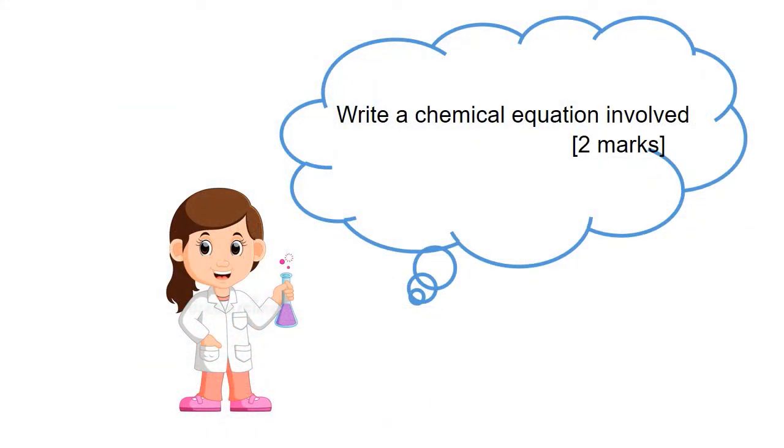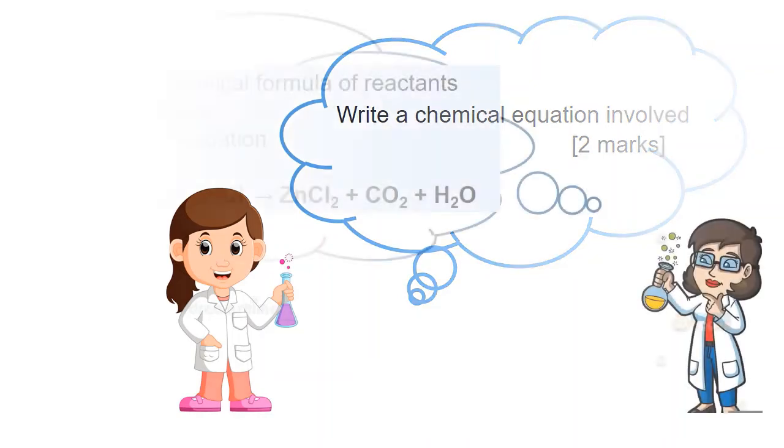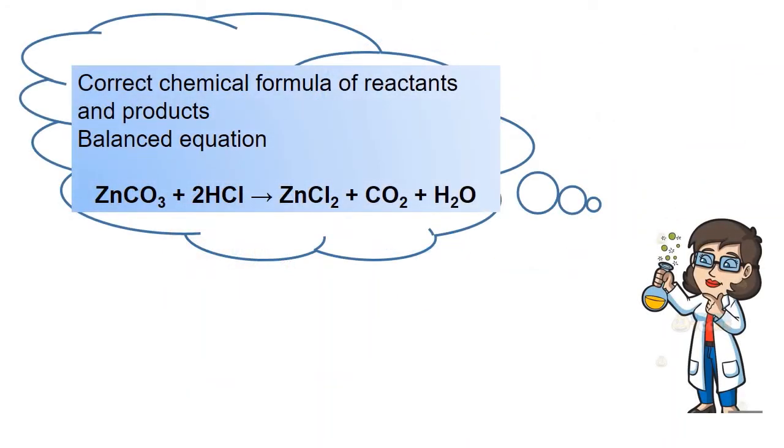Write the chemical equations involved. To write a chemical equation, write the correct chemical formulas of reactants and products, then balance the equation. Zinc carbonate ZnCO3 reacts with 2 hydrochloric acid HCl to produce ZnCl2 plus CO2 plus H2O.